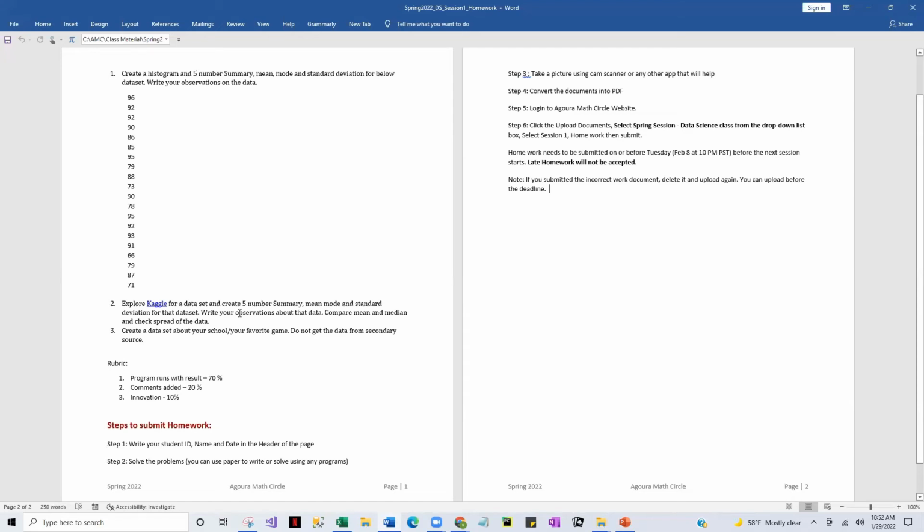For the mean, median, and mode, aren't there different columns? Do we take the mean, median, mode, standard deviation for each column, or is just one column enough?